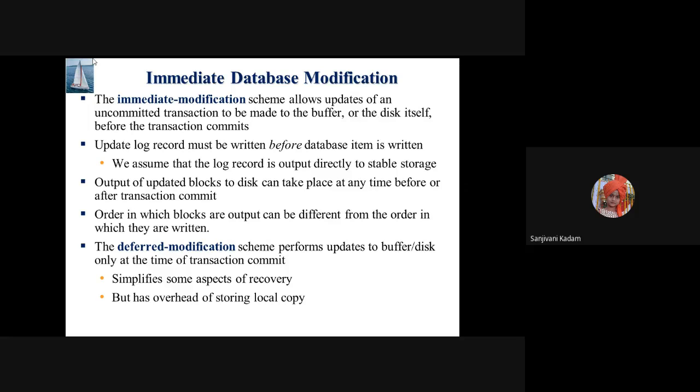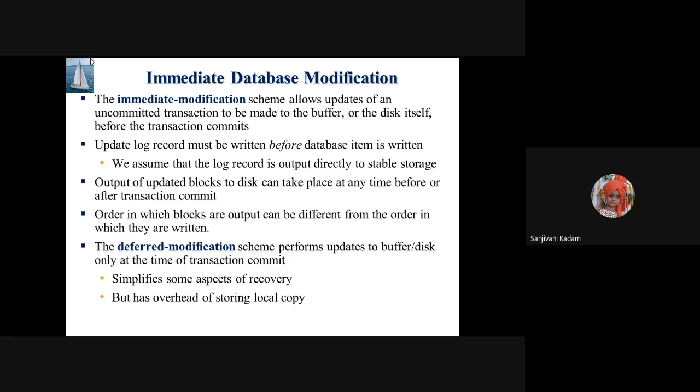It means whenever we are performing an update, we should first write the log record, and then we can go for writing the value. We assume that the log record is output directly to stable storage. In stable storage, my data never gets lost, which is why we keep the log record in stable storage. Output of updated blocks to disk can take place at any time, before or after a transaction commit.